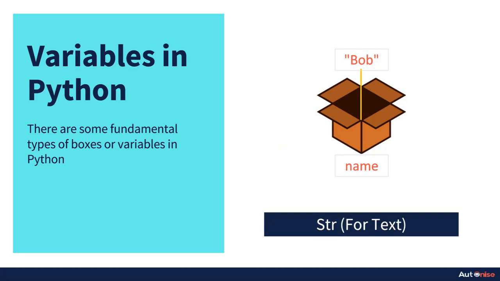These types of boxes are called strings, or you can say these types of variables are called strings, which can save text. Everything you are seeing on the screen is actually text. So a string variable, or a string box, can save text inside it. So name is the name of the variable and Bob is the value, or the string, saved inside that variable.